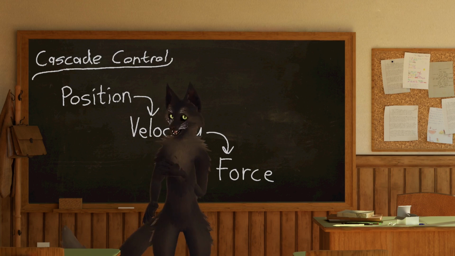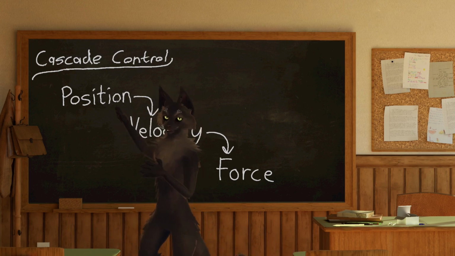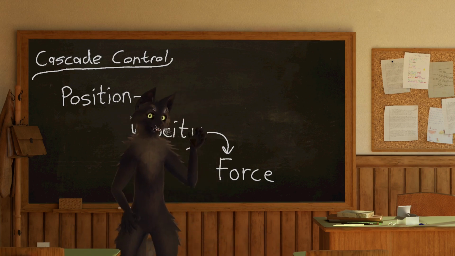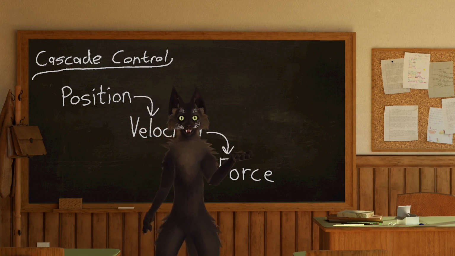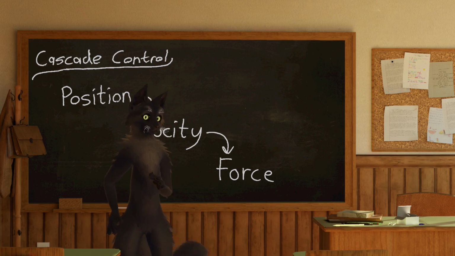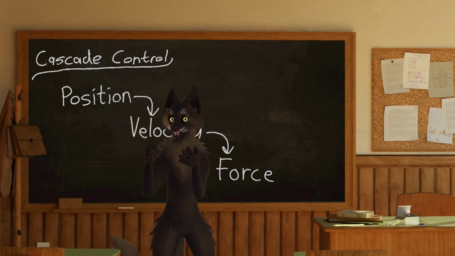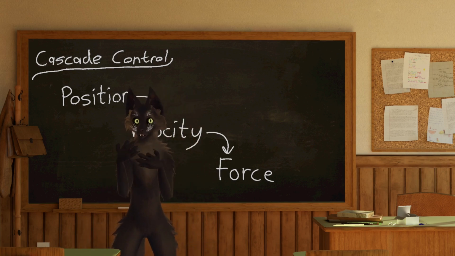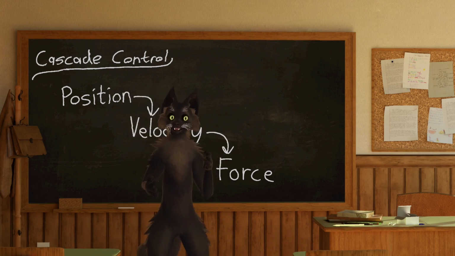Something to notice here is that the derivative of position is velocity, and the derivative of velocity is acceleration. And of course, acceleration is directly proportional to force. So each of these controllers is acting on the derivative of the quantity that they measure and control.